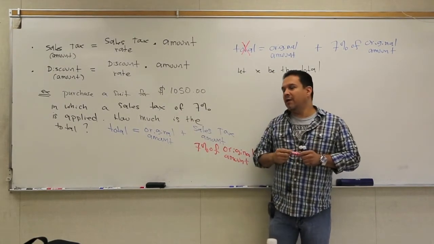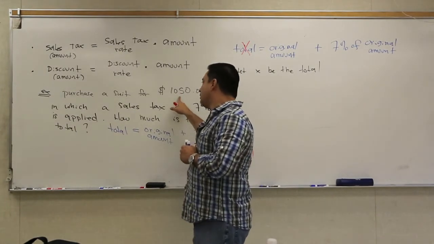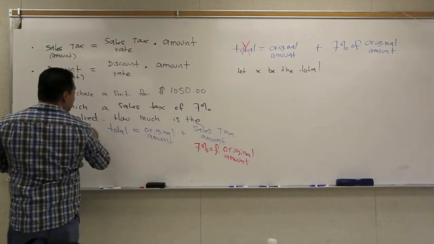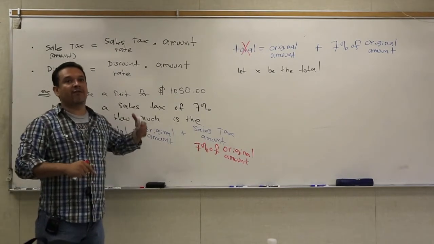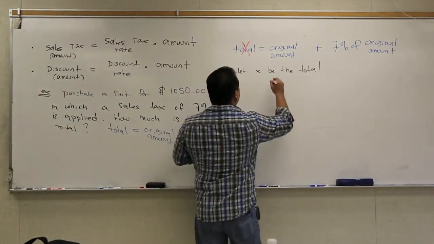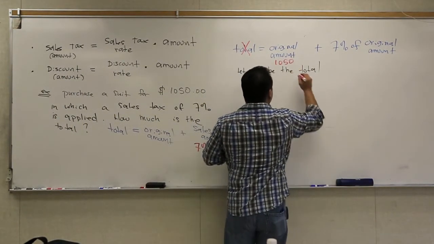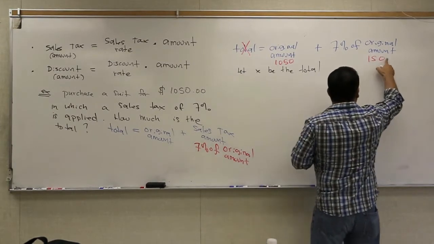You know what I'm saying? That $10.50 is the cost of the suit or the purchase price of your suit. They're saying to you to apply a sales tax on what? The cost of the suit. So you also have to know how that works. So you're right, the original amount's going to be $10.50. Let's see what this equation comes out to.